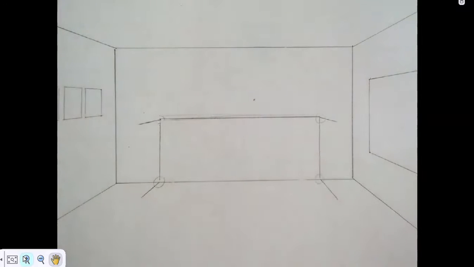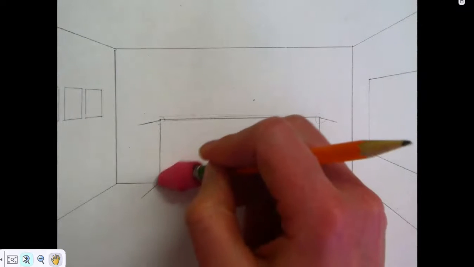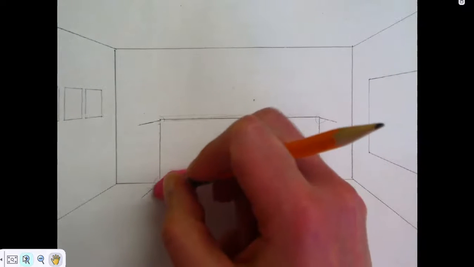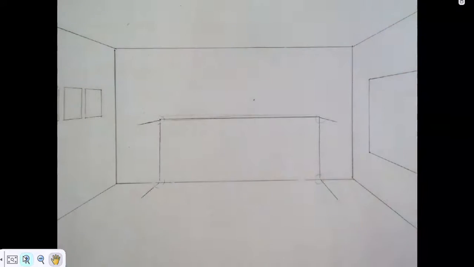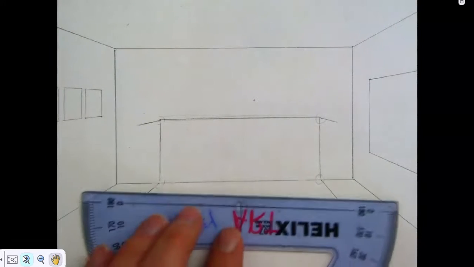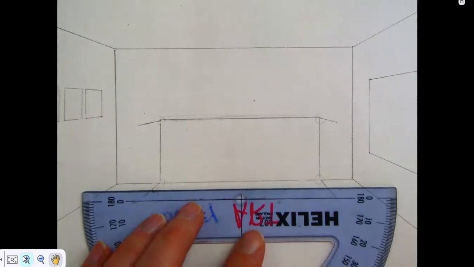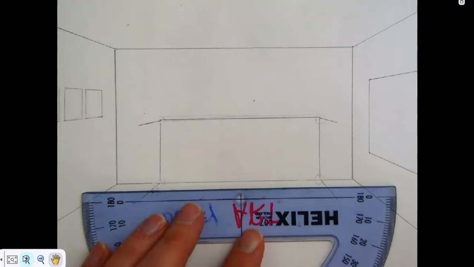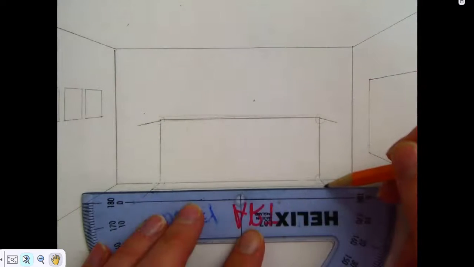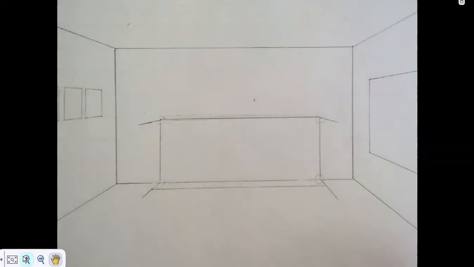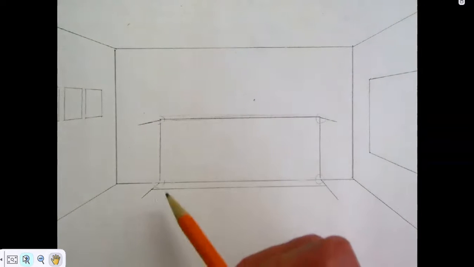So all 4 of my corners have been created by connecting them to the vanishing point to create these lines. Now I'm going to look at how far away from the wall I want this depth. Okay? The back of your couch is usually not super duper thick, so I'm going to just draw a horizontal line parallel to that wall, okay? And this is my starting point.